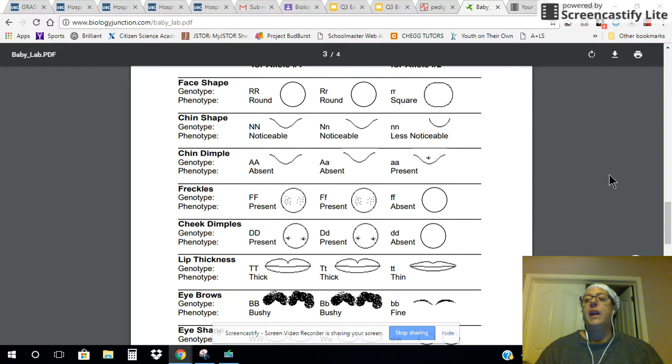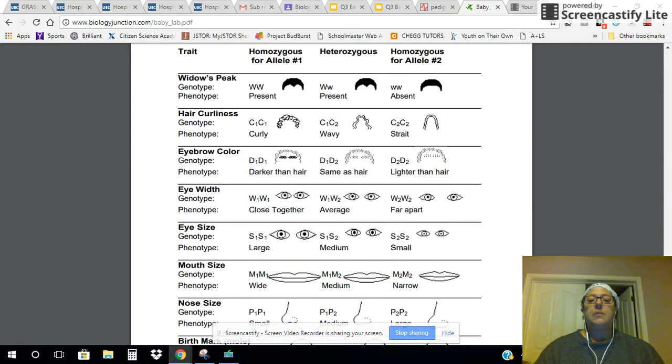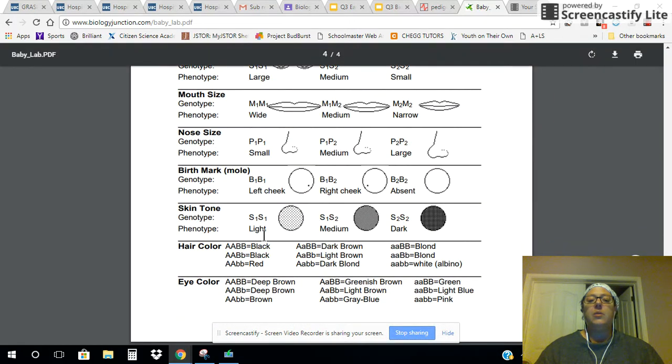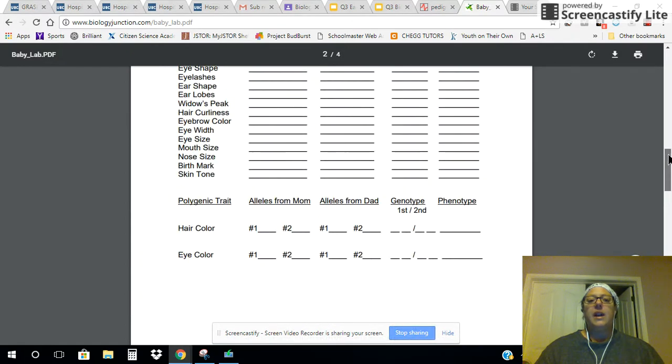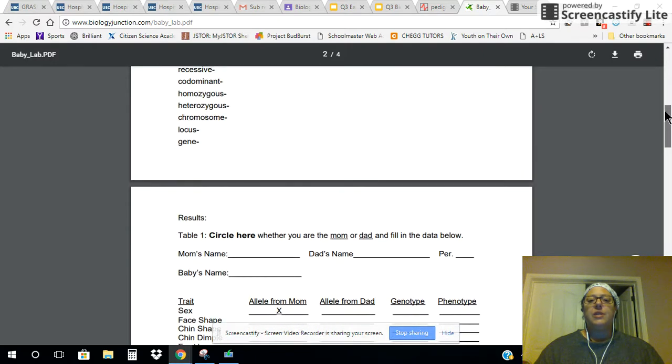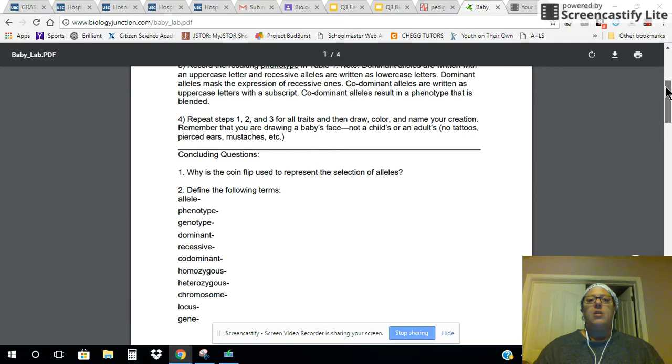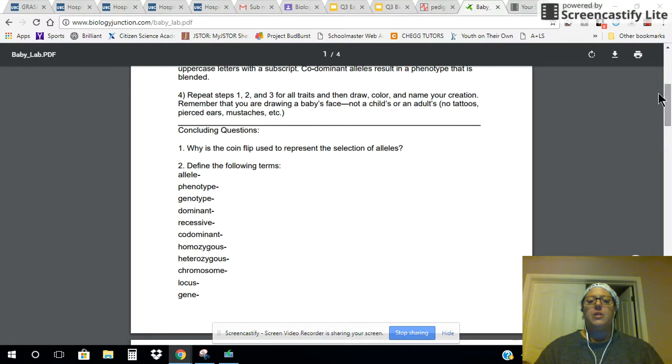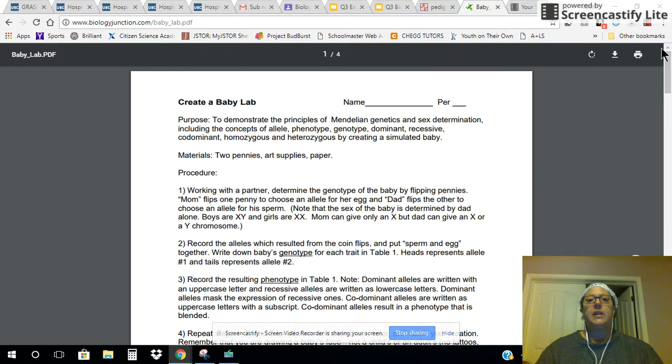And you will be filling out what these kids are going to look like. There is some down here where we talk about the codominance and incomplete dominance. That will happen. There are 2 traits that you will be doing that on, and that is on your worksheet. So please read that carefully and ask your sub for help if you need it. It will also help you to do these vocabulary words if you haven't done them already. So I will post that in the classroom with this recording.